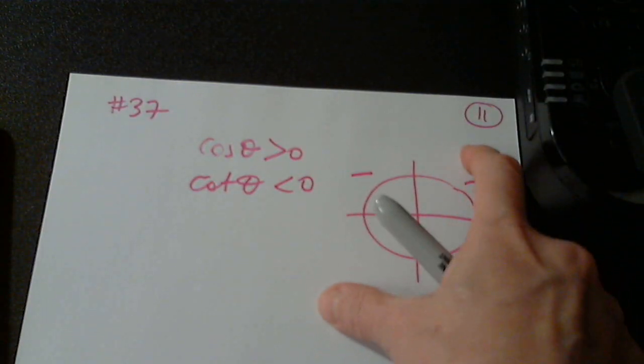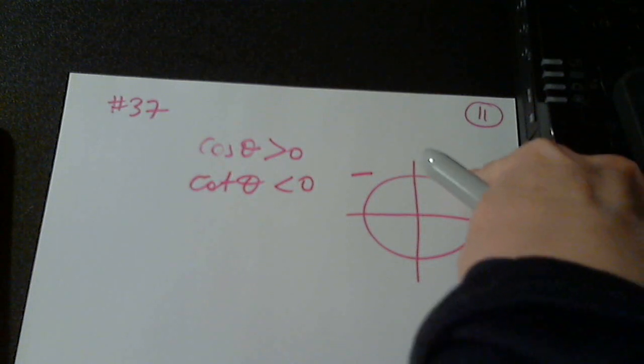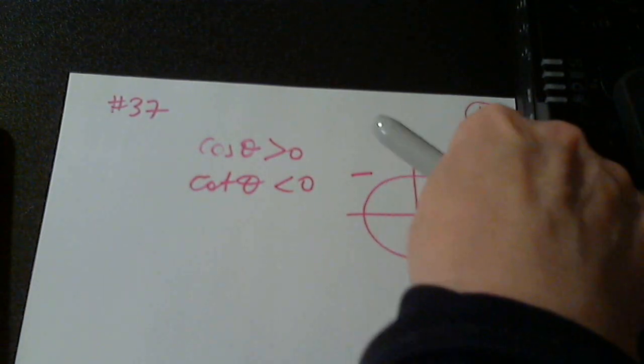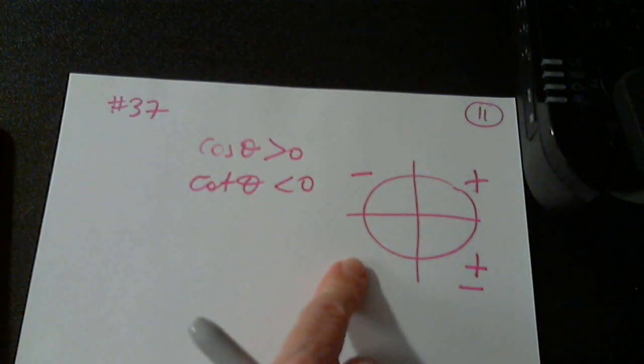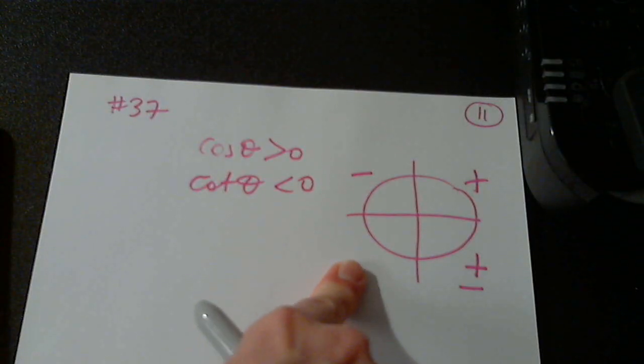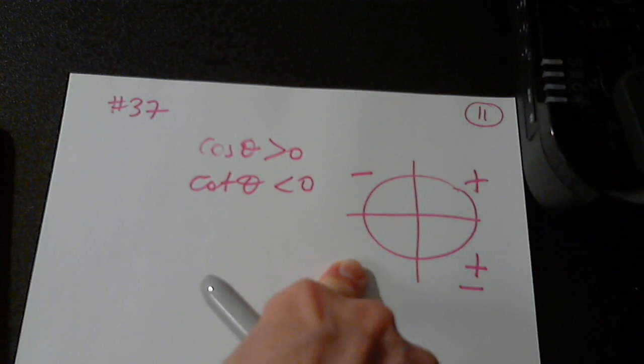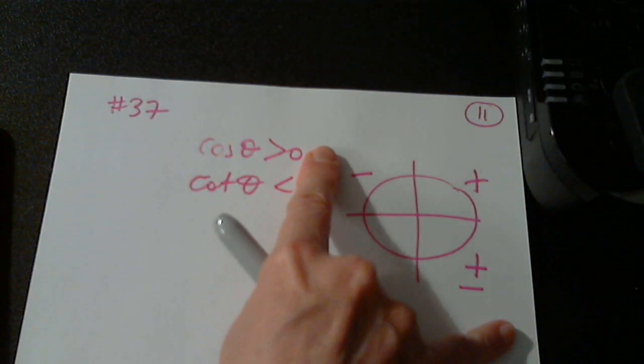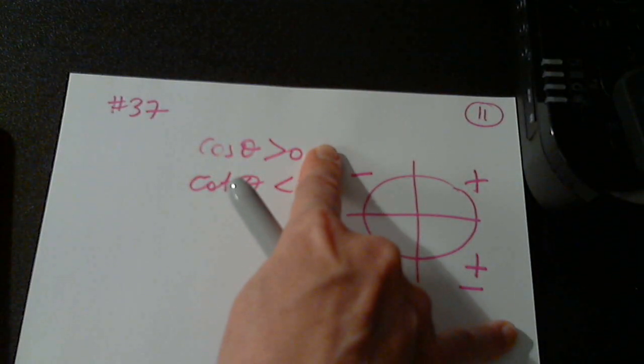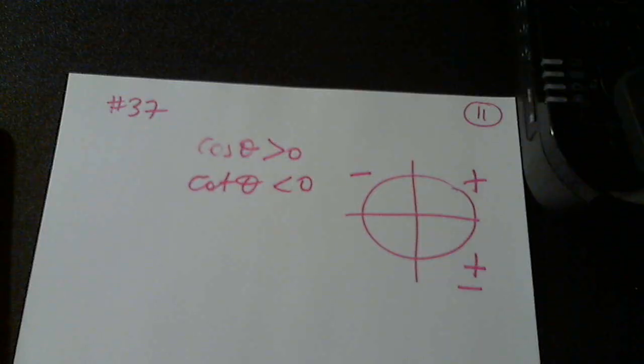Both sine and cosine are positive here, so cotangent and tangent are positive. Both cosine and sine are negative, so tangent and cotangent must be positive. So this is when tangent and cotangent are negative. Which quadrant fulfills both conditions?